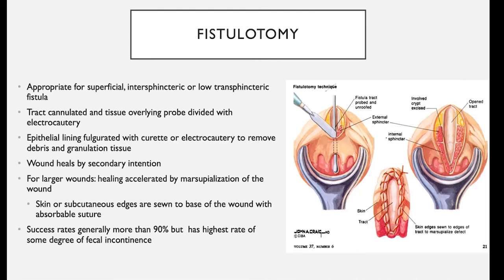If you end up with a pretty large wound, you can also accelerate healing by marsupializing the wound edges. You can see an example of that in the illustration on the right. Marsupialization refers to the skin and subcutaneous edges being sutured to the base of the wound.